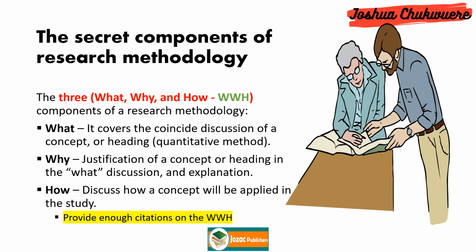Remember, it is a process of how you conduct your study. So by telling the reader, look at what quantitative is all about, this is why you have chosen it, the benefit and justification of why you have chosen it, and look at how it will be applied, how it was applied in the study.